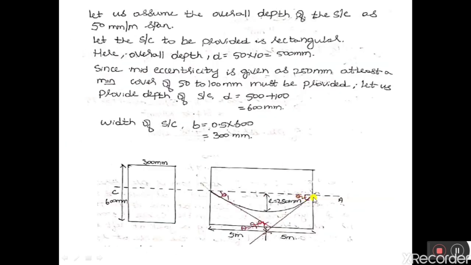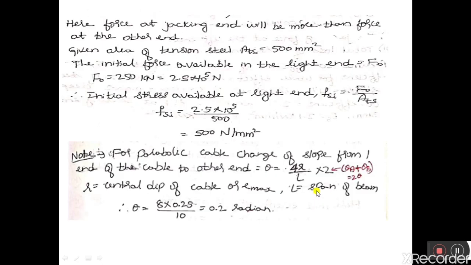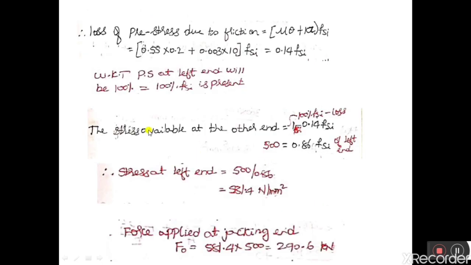So what will be the stress at this end? The stress at this end will be equal to 100% stress which is applied at this end minus losses. Stresses available at other end is equal to 100% Fsi minus losses.